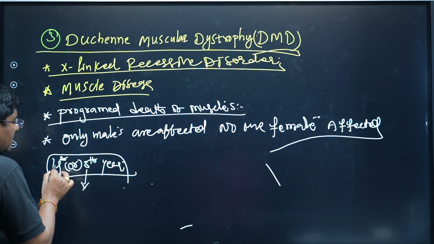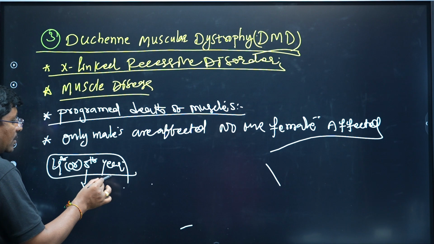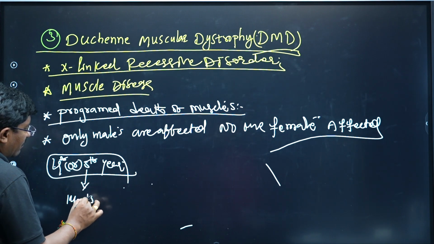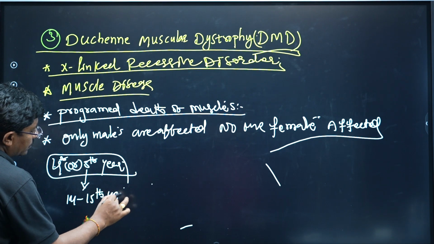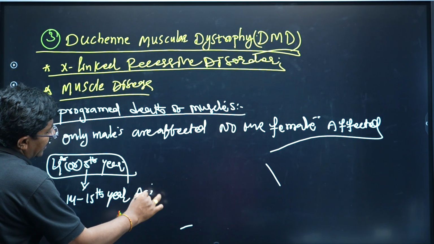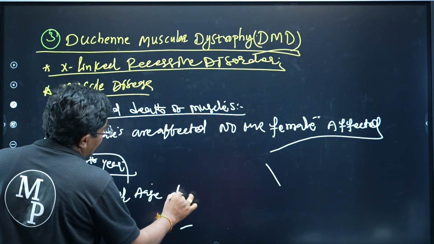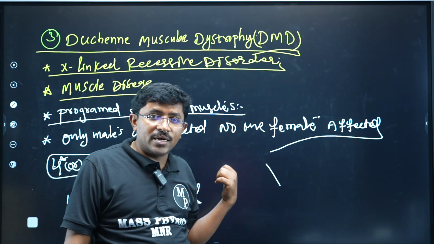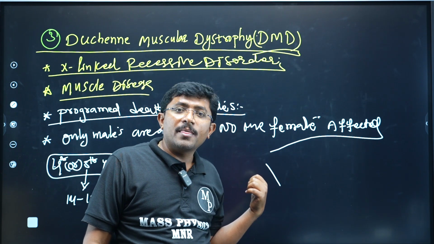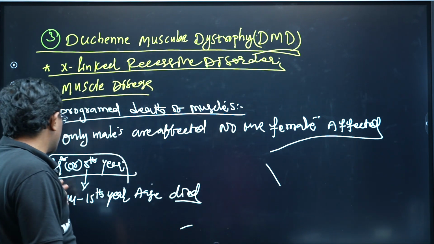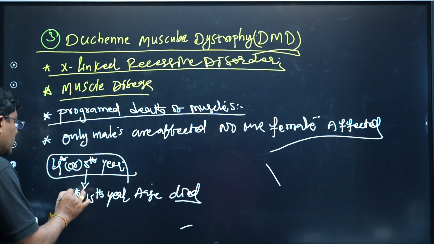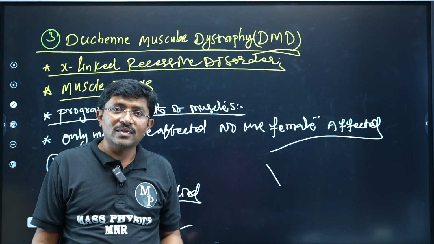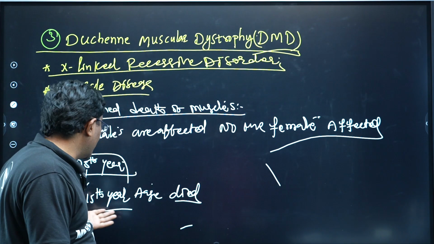The symptoms start at the 4th to 5th year, and that person can die at the 14th or 15th year of age. Those males die before marriage, so there is no chance of transferring this trait to females. Only males are affected by this trait.